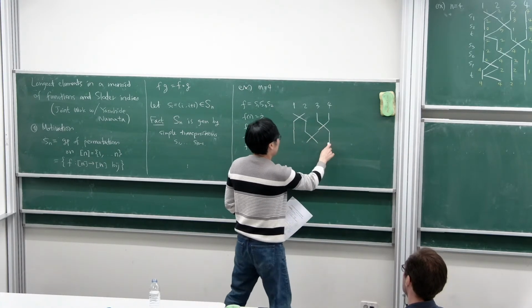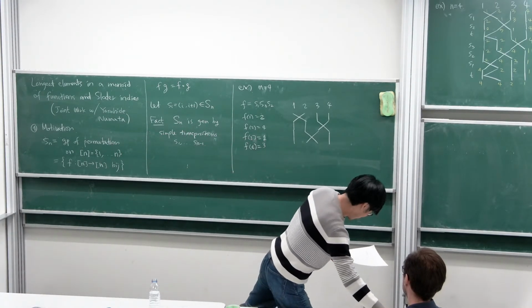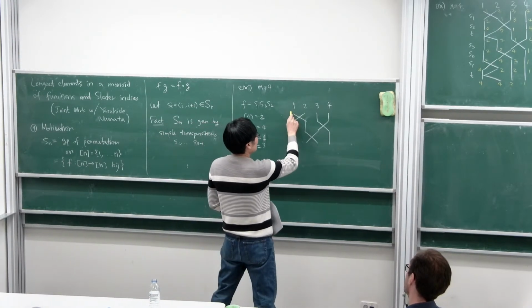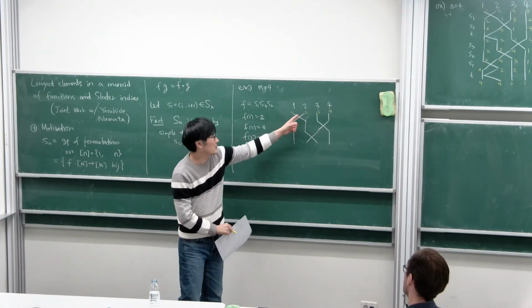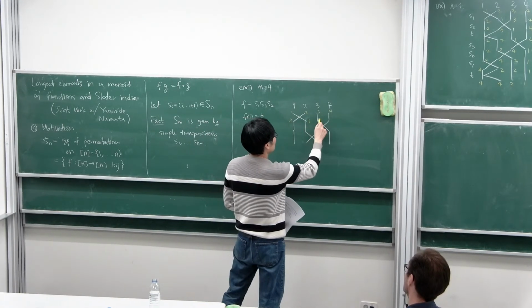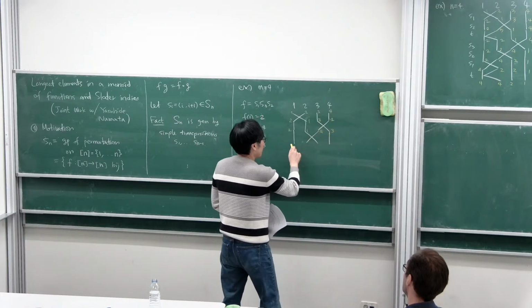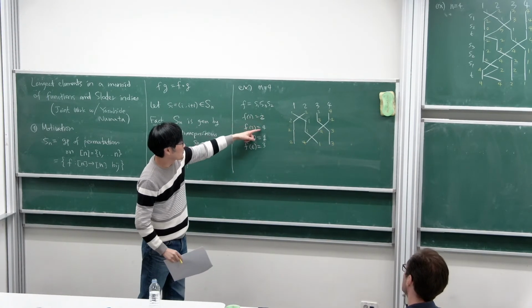Do you go from bottom to top? Yeah, that's a good question. Let me tell you the convention. I'm going to write down 1, 2, 3, 4 at the beginning, and I'll just write down the numbers as I follow. So this is 2, 1, 3, 4. That's 2, 1, 4, 3. Then 2, 4, 1, 3.